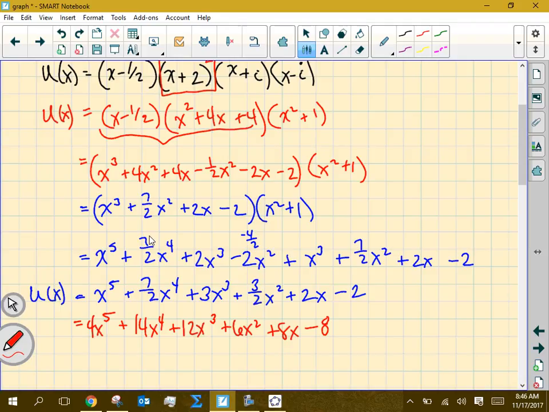I don't want to have to look through and find a bunch of fractions. I don't want to say, okay, this person has a 1, a 7 halves, a 3, a 3 halves, a 2, a negative 2. And a lot of times even the fractions get more complex than that. But it's a lot easier for me as I get through like the 10th, 12th page or test. I have memorized 4, 14, 12, 6, 8, and negative 8 in that order, and I can quickly start grading the rest of those. Does that make sense?